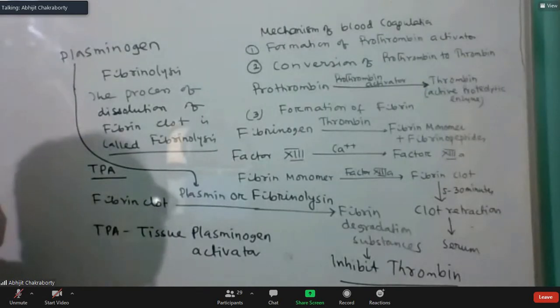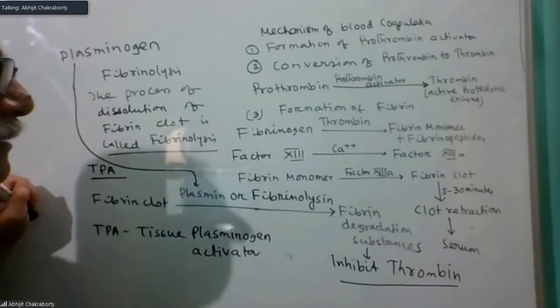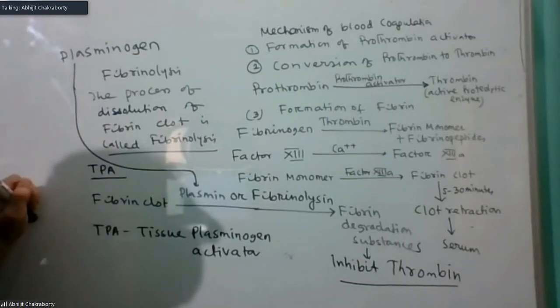Clear? Plasmin causes the dissolution of fibrin clot, forming fibrin degradation substance, which in turn inhibits thrombin.